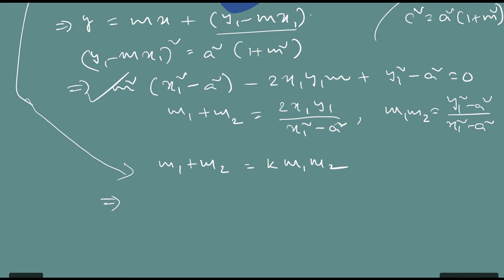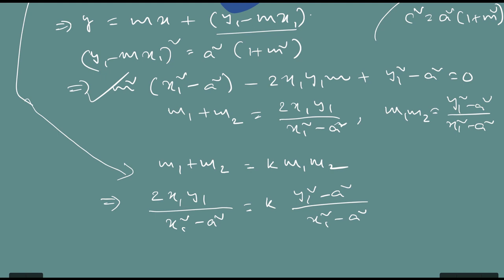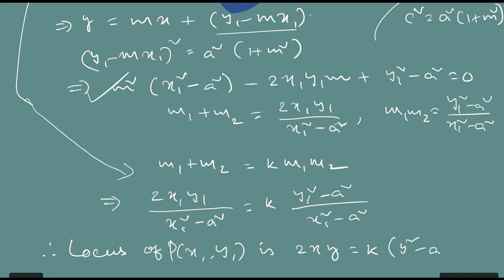So 2x1 y1 by x1 square minus a square is equal to k times y1 square minus a square by x1 square minus a square. So you can clear the denominators and you have the locus. Therefore the locus of P(x1, y1) is 2xy is equal to k into y square minus a square.